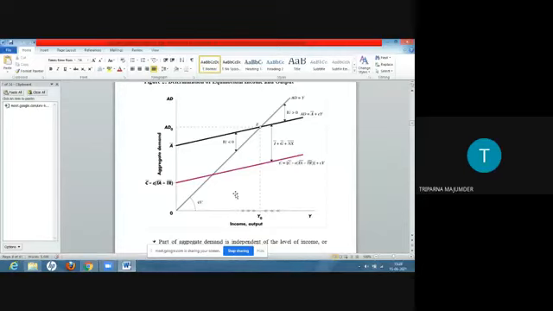On the other hand, if we take any income level below Y0, we find aggregate demand is greater than supply or income or output. That implies that the stock of inventories is depleting.